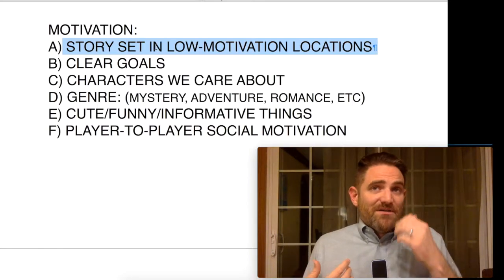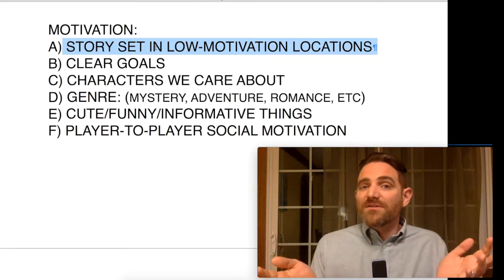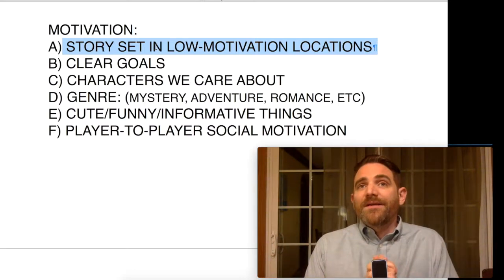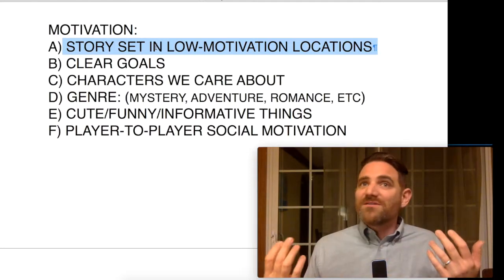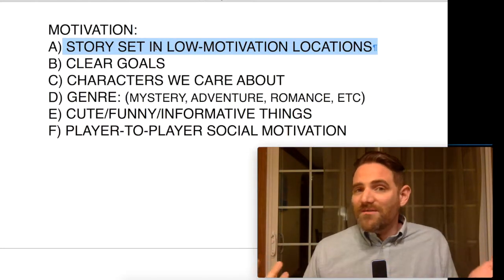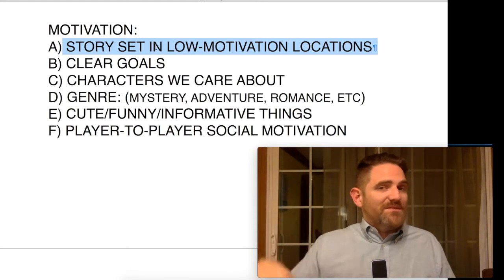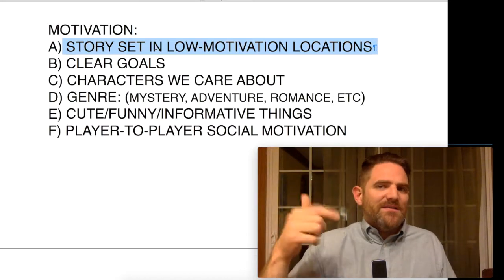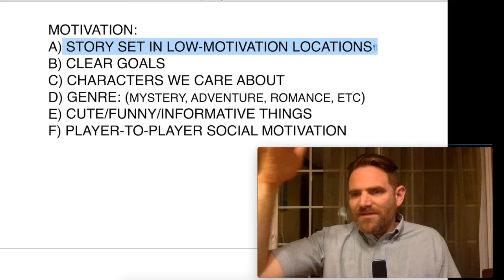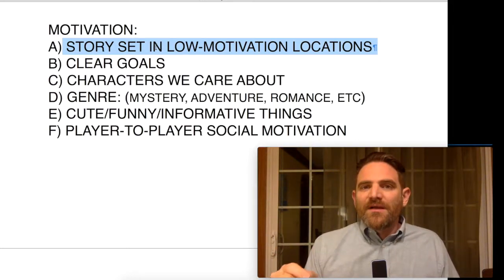If your game is targeted at visitors to your town, tourists who are going to be exploring your town, then put the locations in the places where they're probably going to go anyway, right? Put it at the Capitol building and the art museum and the college campus or whatever it is that they're coming to see. You know, the main street with all the shops and stuff. Put it in the places where they're probably going to end up.